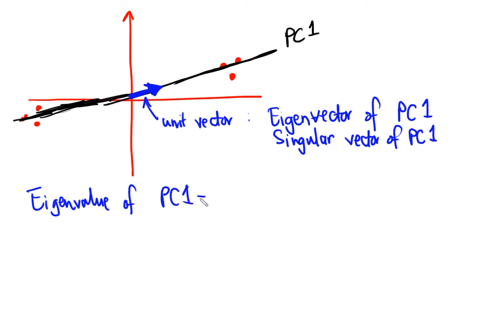We have already described it. The eigenvalue of PC1 is just the sum of the squared distances of PC1.